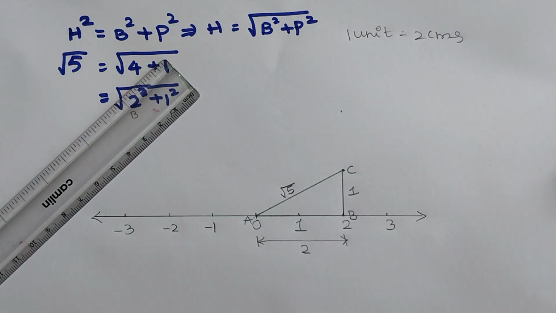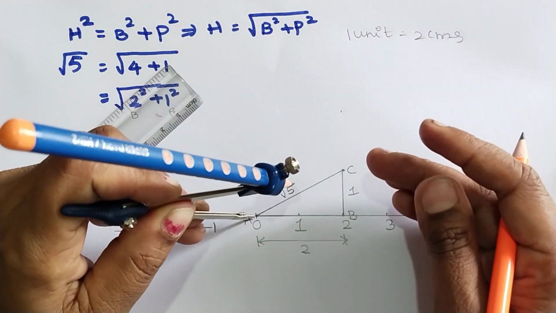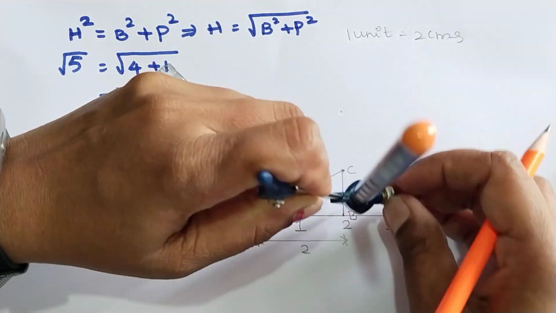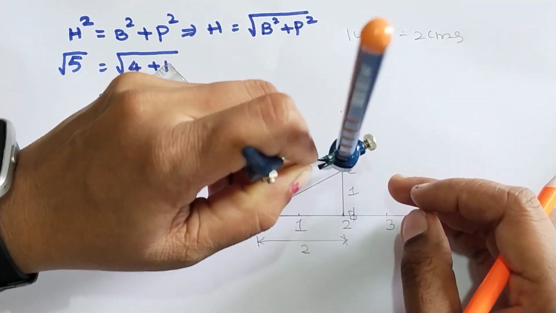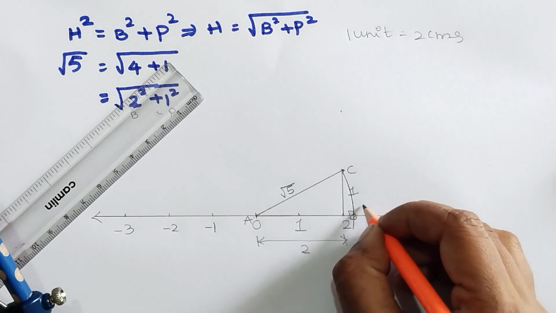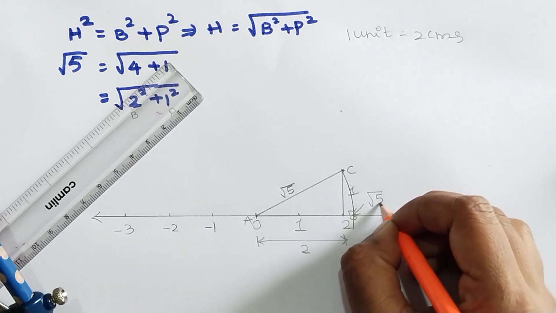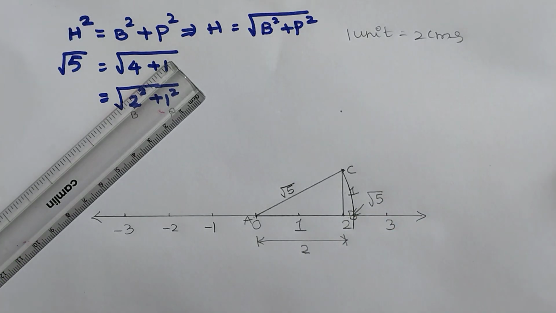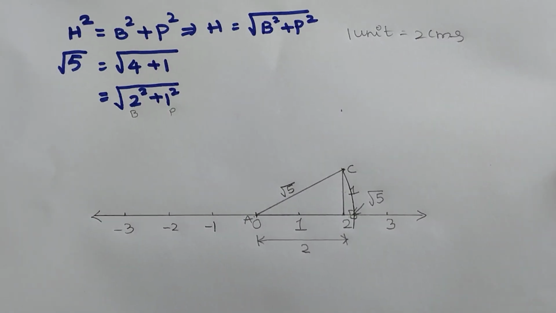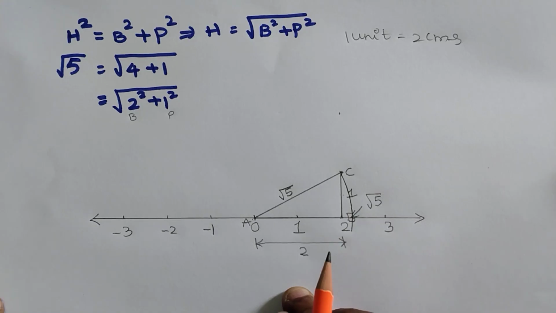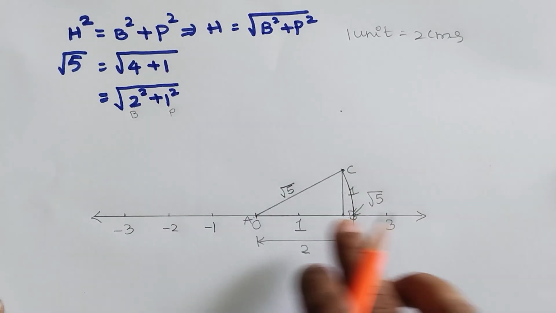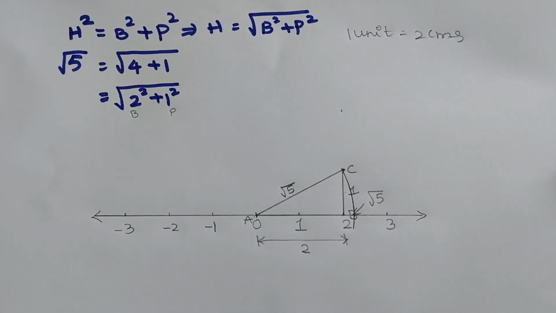To bring it onto the number line, we have to bring this root 5 onto the number line. Here is our root 5. In this way, we can represent irrational numbers on a number line.